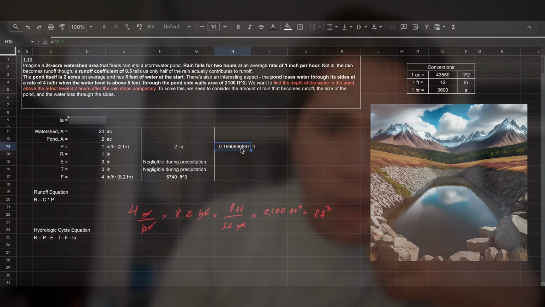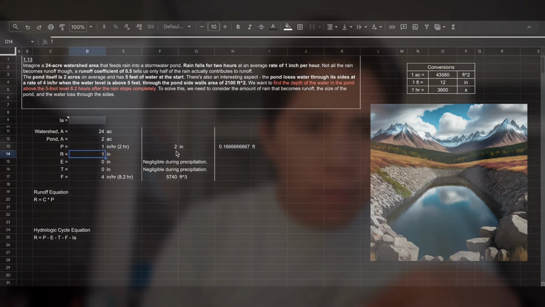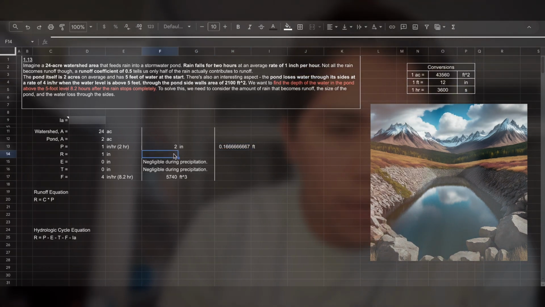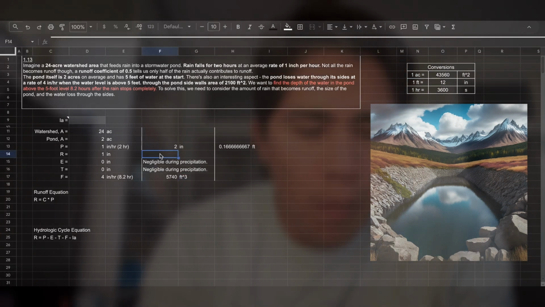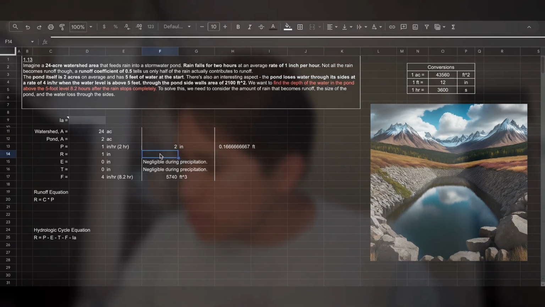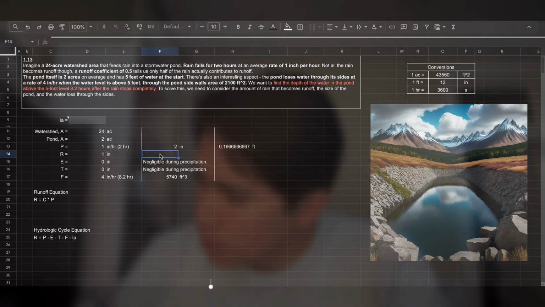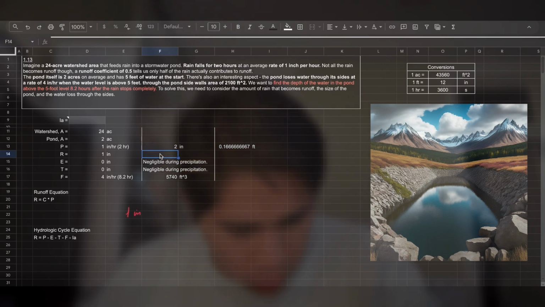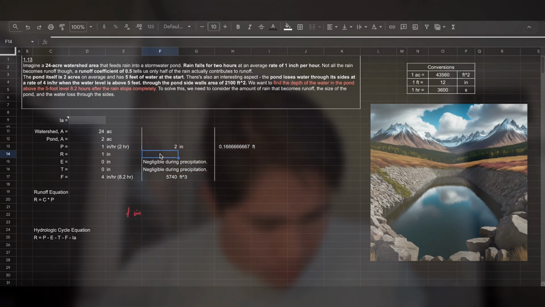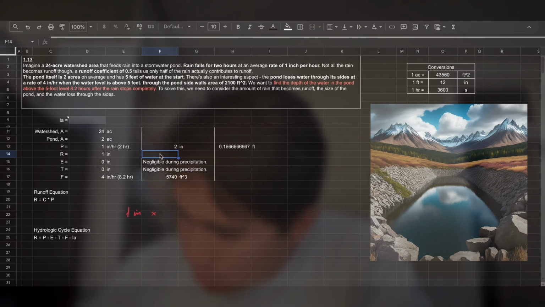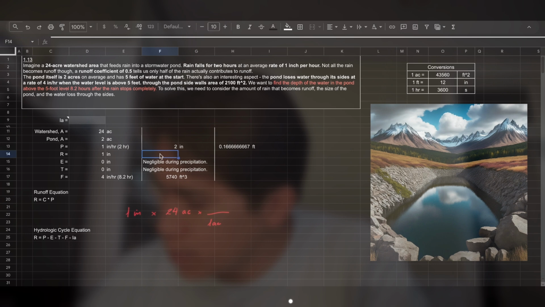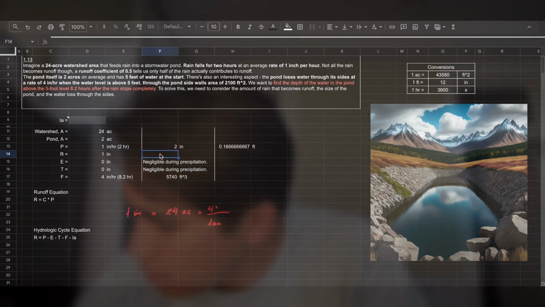Okay. So now that we have this in feet, let's also convert the runoff into cubic feet to have all the units the same. So that's going to be 1 inch times the area. The area is 24 acres. How many square feet are in an acre? 43,560.